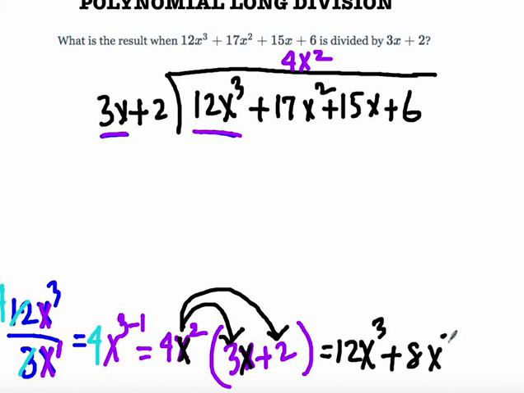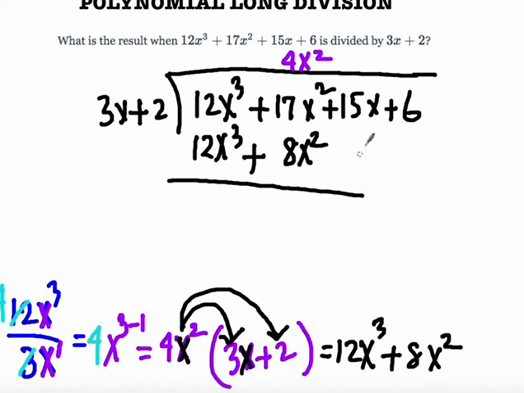8x squared. Now we take this and put it right here, aligned with 12x cubed. So the 12x cubed goes right here, plus 8x squared goes right here. Now we know that we have to cancel out the x cubed term, so we need to subtract the whole thing.